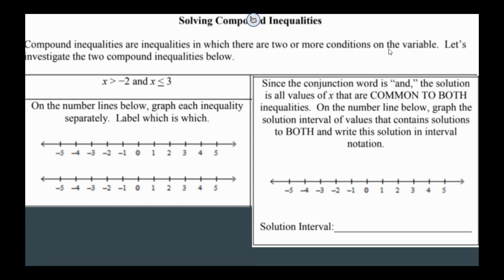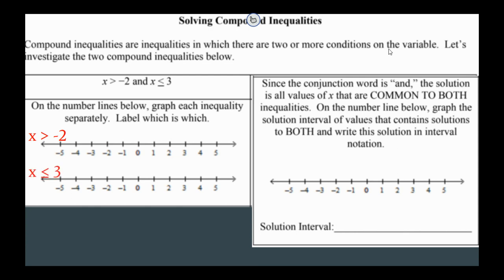On the number line, graph each inequality separately and label which is which. On the first one, we have x is greater than negative 2. So that's going to be an open circle at negative 2 pointing to the right. The other one is x less than or equal to 3.